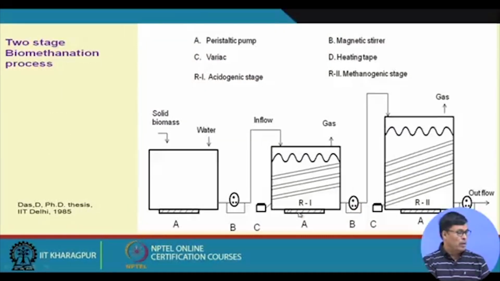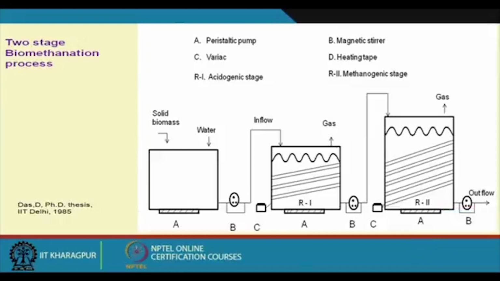So, I was talking about acidogens and methanogens, and since the acidogens require different growth characteristics as compared to methanogens, it is advisable to operate this process in 2 different stages, because then it will be very easy to control. Acidogens require different environmental conditions as compared to methanogens.